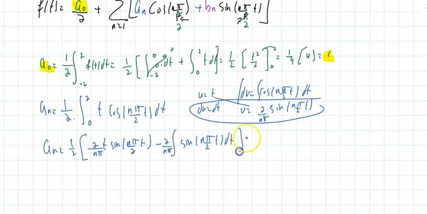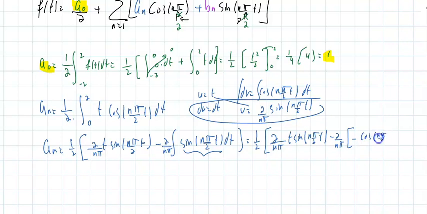I'm working this a bit slowly because it's kind of a big mess, so I don't want to make a mistake, because that already happened. That is 1 over 2 times 2 over n pi t, the sine of n pi over 2 t, minus 2 over n pi times, what do you take a derivative of to get sine? Negative the cosine of n pi over 2 t, and if you divide by n pi over 2, you get 2 over n pi.